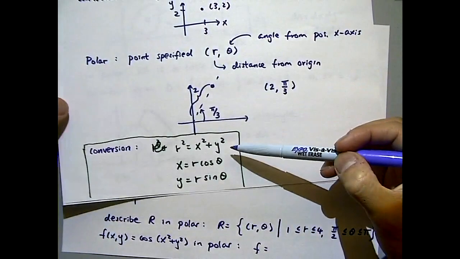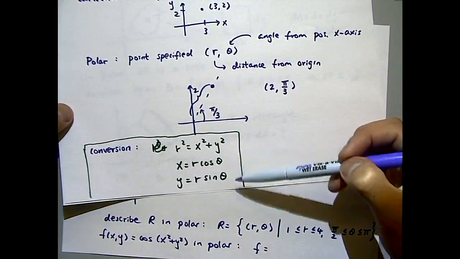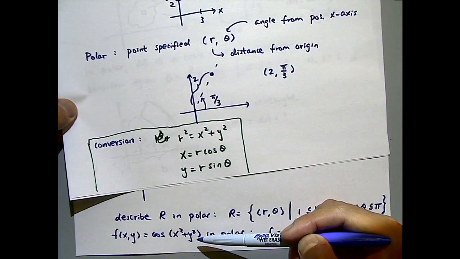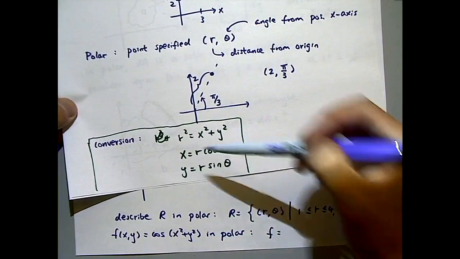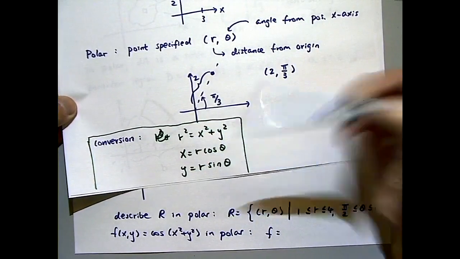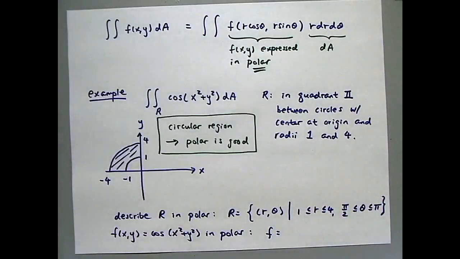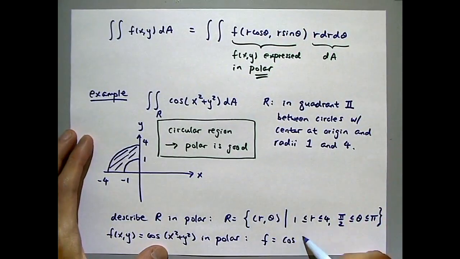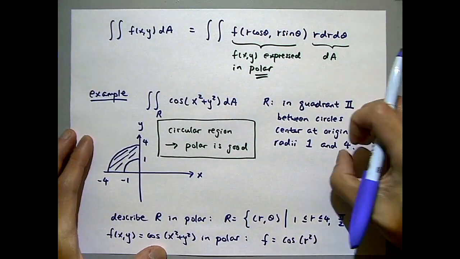Going from Cartesian to polar, we use these 3 equations to do that. r squared is x squared plus y squared, which is what we got here. If they don't show up like that, then you just change x to r cosine theta, and y to r sine theta. So here it's very simple. We get cosine of r squared.